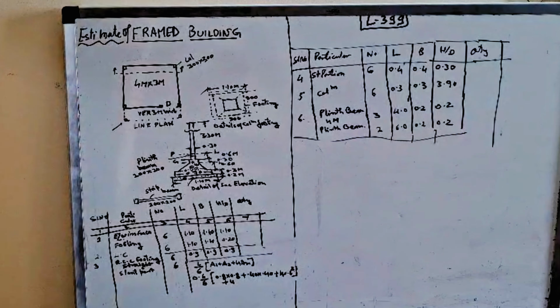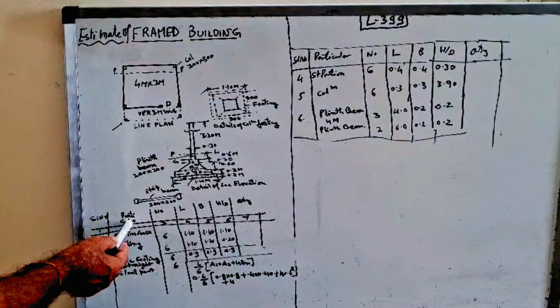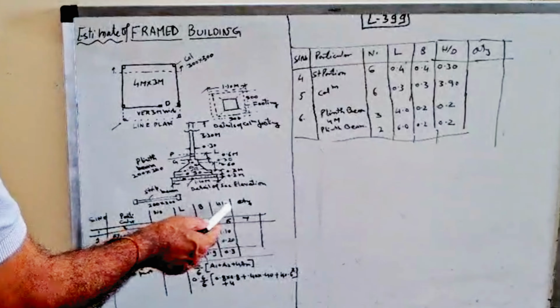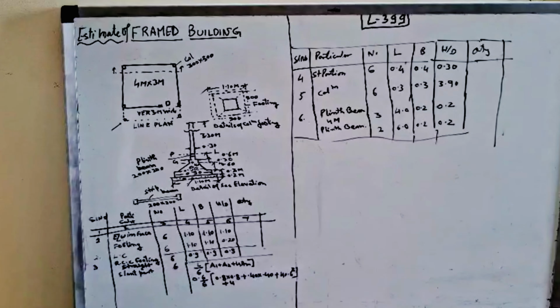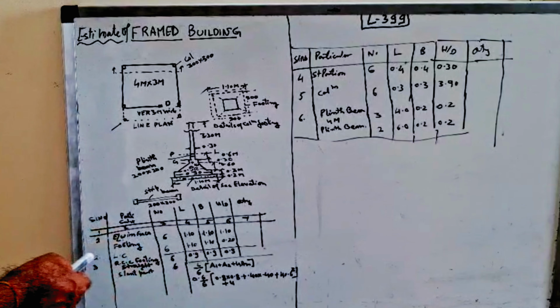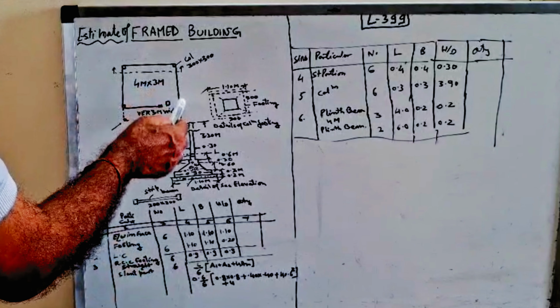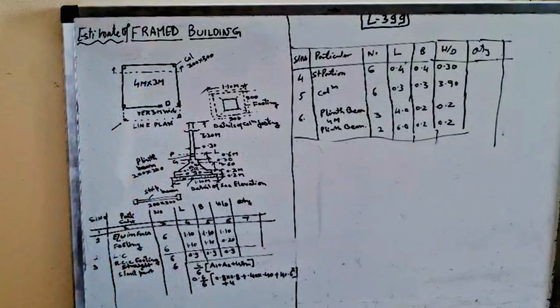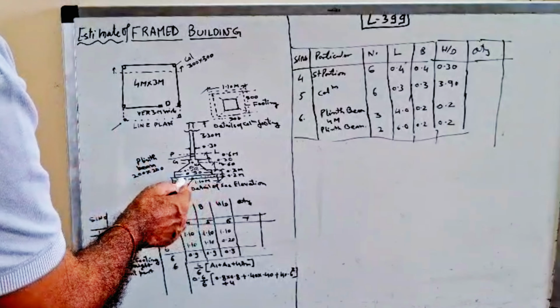So we have given the serial number, particulars of item, number, length, width, height, depth, quantity, and remarks. So if you want to calculate the earthwork in excavation, these are 1, 2, 3, 4, 5, 6 columns. There are 6 columns. So we have got the width 1.10.